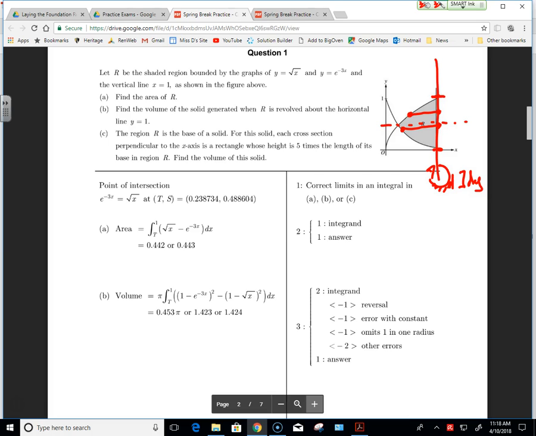For the first point where it says correct limits in integrals, it doesn't matter which one. Like if I got the correct limits in A... nope, sorry, well, this is or. Sometimes they say and. I apologize, I didn't read it. Yeah, as long as you wrote them once, you should be okay for this one point.